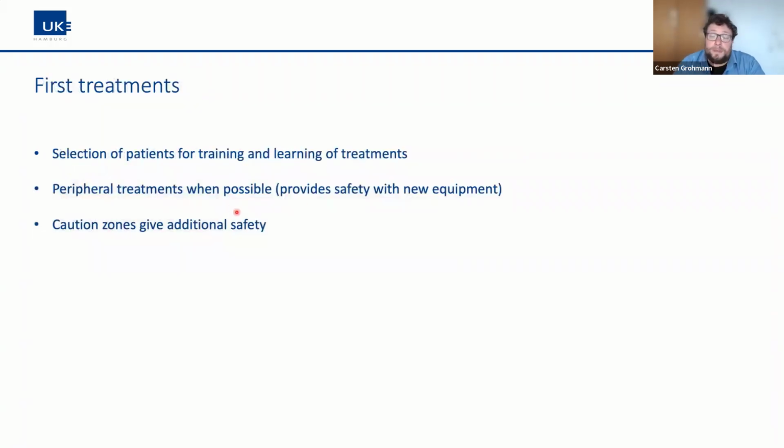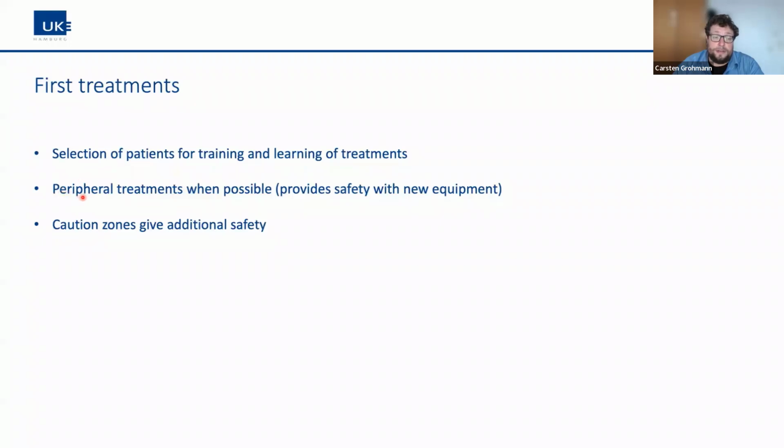This was the preparation and planning phase prior to the treatments, and then we started with the first patient treatments. We had a selection of patients for training and learning of treatments.